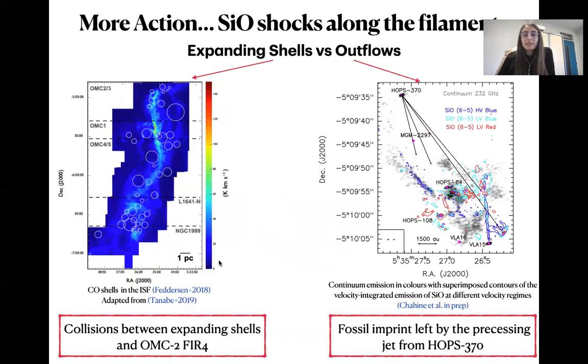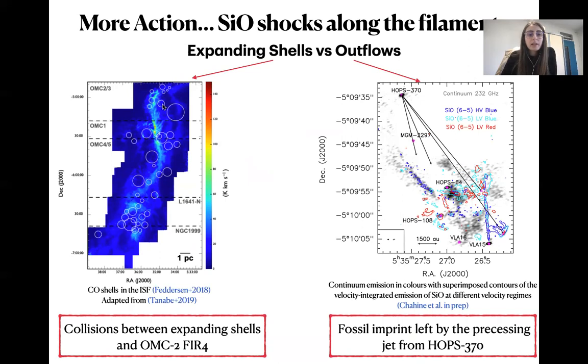What could be this mechanism? Well, we have two hypotheses. The first one is expanding shells. The second one is the outflow. As I said before, OMC2 FIR4, which is here, is located nearby high mass stars that create HII regions and also expanding shells.